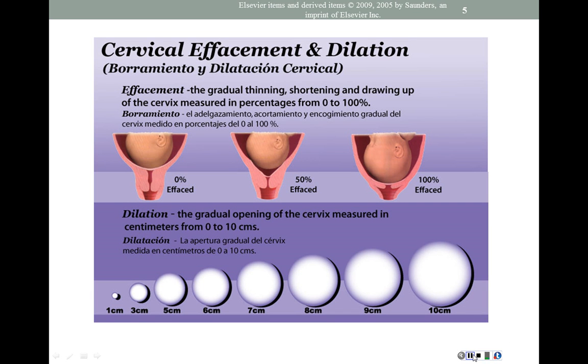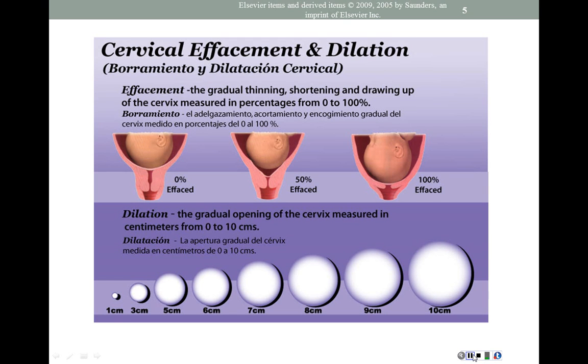So then we have dilation, and this is just the opening of the cervix as measured in centimeters from 0 to 10. This is not an actual true-to-life representation of 1 through 10 centimeters.